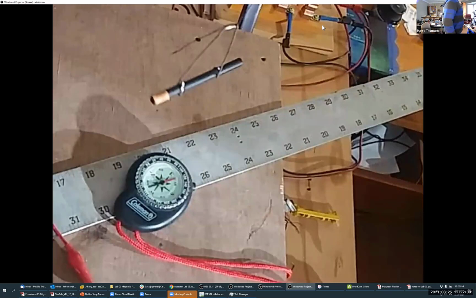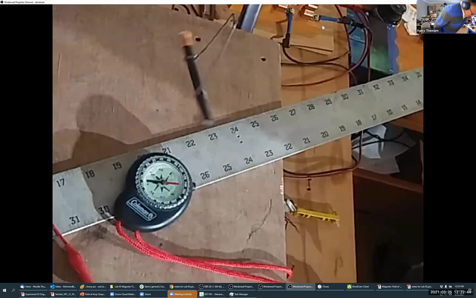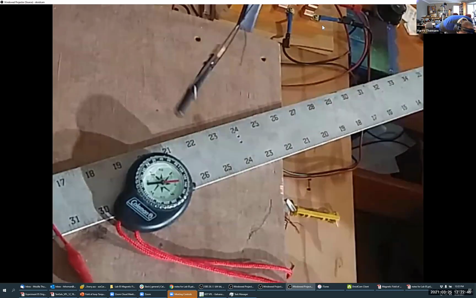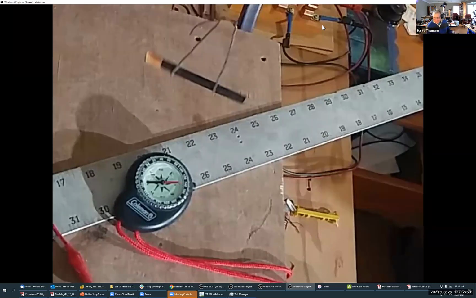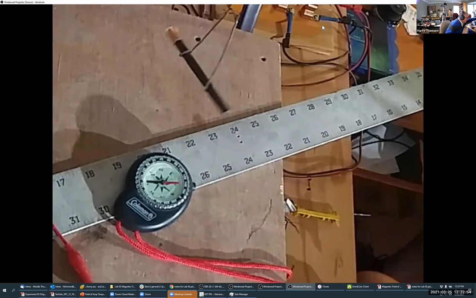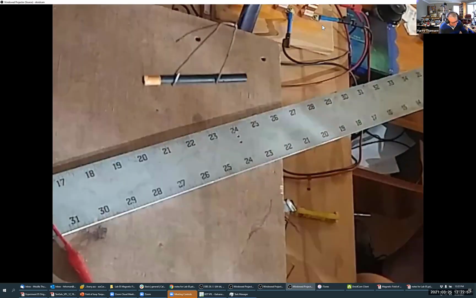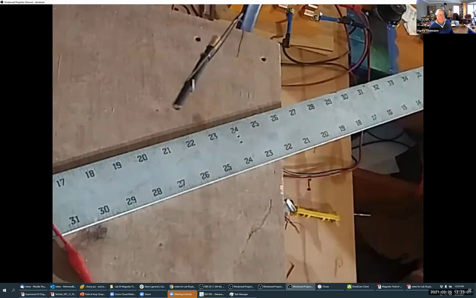So we need to measure the period of it. Of course my stopwatch is in my phone. But one thing you hopefully learned in Physics 2100 is that the period of the oscillations doesn't depend on the amplitude.